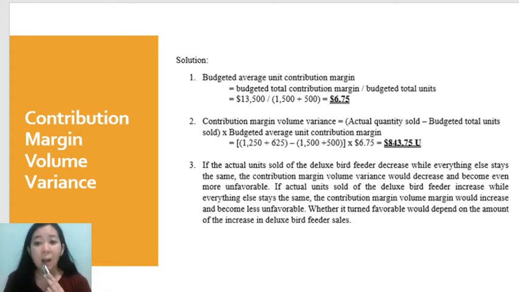So here, our CM volume variance would increase, of course, and it will become less unfavorable, or depending on the increase, it might be favorable as well. So whether it turned favorable would depend on the amount of the increase. Okay, so that's for CM volume variance.